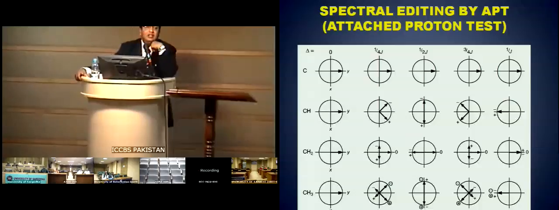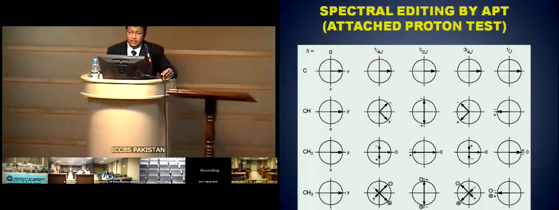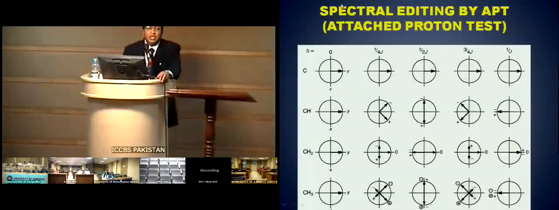Somebody brought forward a solution by using the attached proton test, and with this test, they were able to modulate different types of carbons on the basis of their protons, and you see two sets of carbon, one appearing on one face and the other appearing on the other face.